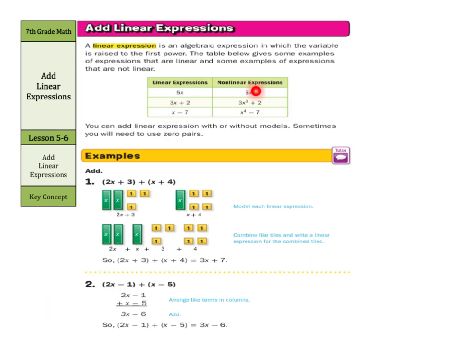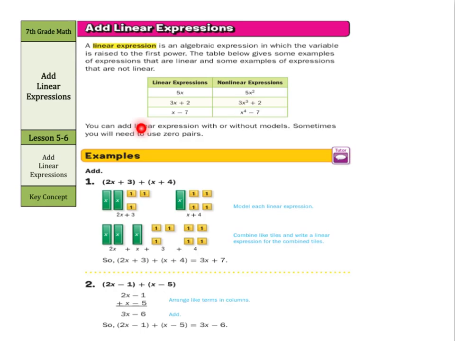But notice here we have 5x squared. Well, squared is not to the first power, it's to the second power. Cubed, 3x to the third power, that's not to the first power, nor is x to the fourth. So notice the difference. Linear expressions just have the first power. Nonlinear expressions have second, third, or fourth power.